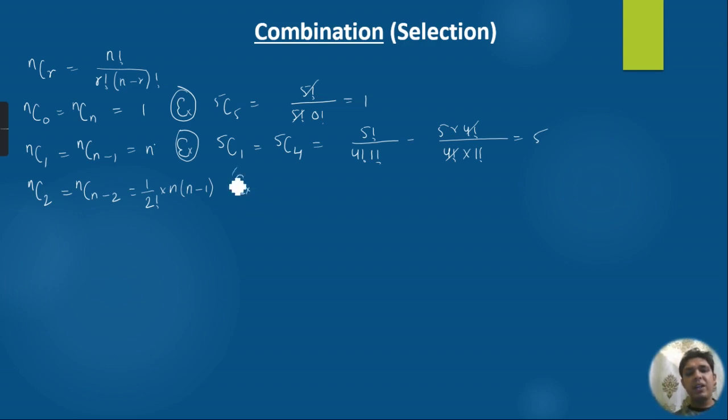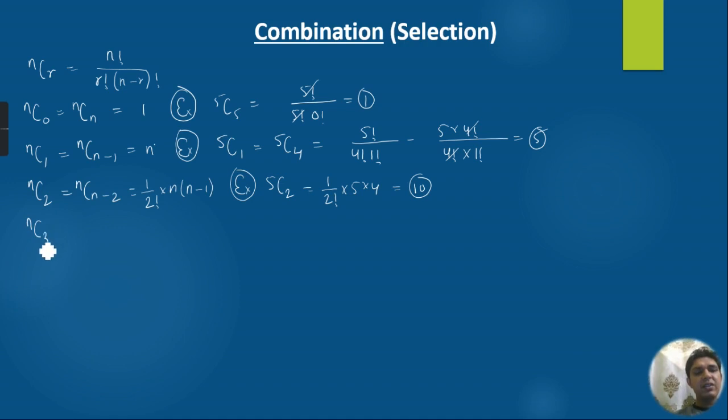For example, selecting two things out of 5 is 1 by factorial 2 multiplied by 5 multiplied by 4, and students, the answer is 10. The value of 5C2 is equal to 5C3, because I can write 5C2 as 5C(5 minus 2), that is 5C3.